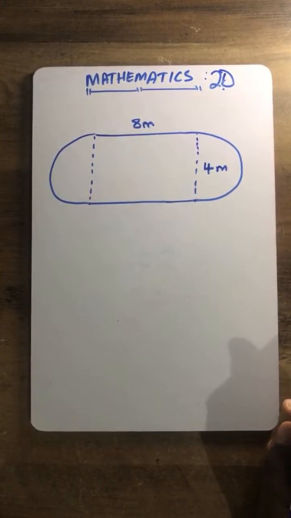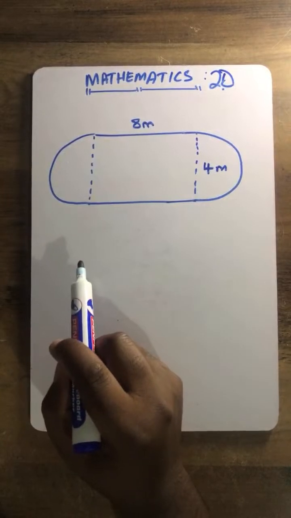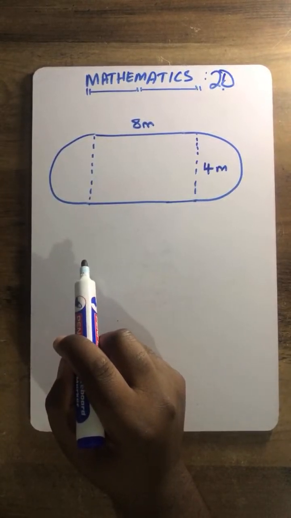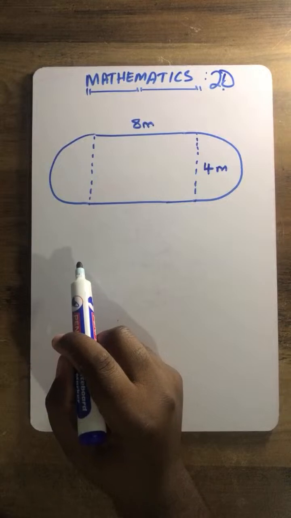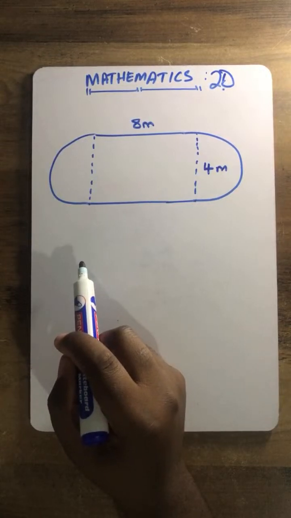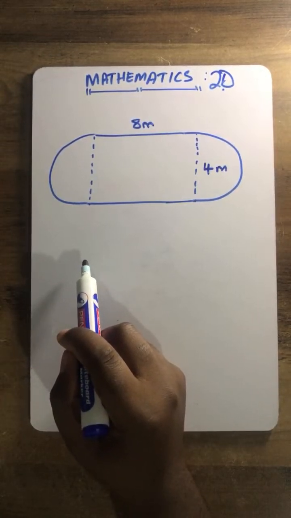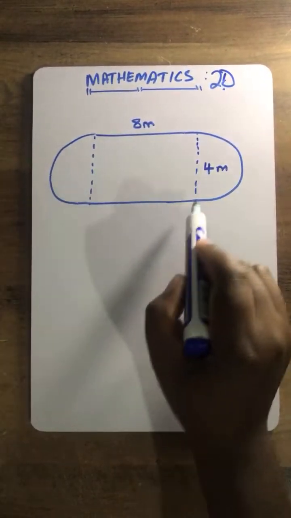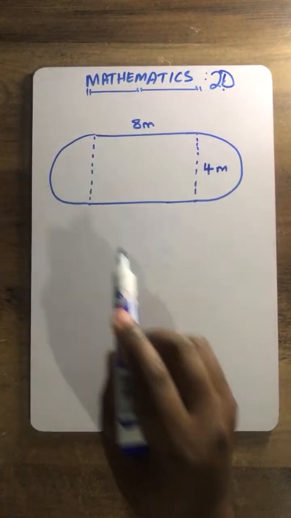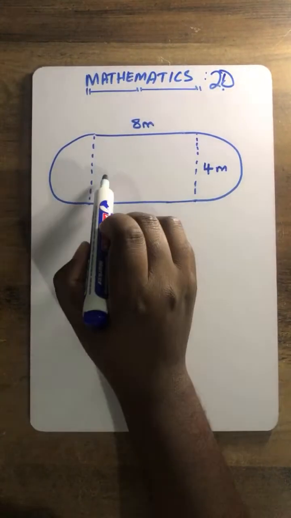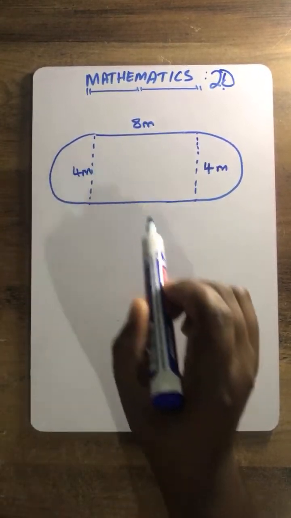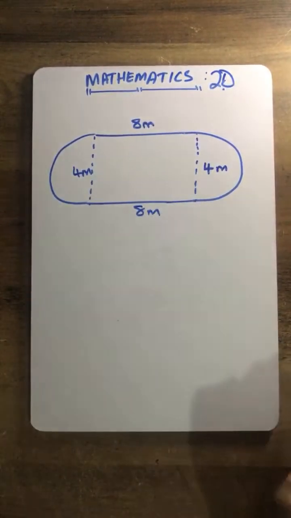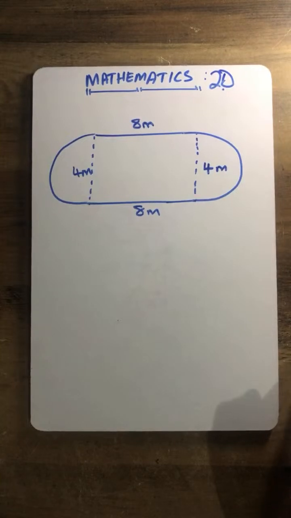Number one, first thing first, you need to be able to notice something there, honorable members. If this is a rectangle in between and then you have half circles on the sides, so that means also this is 4 meter, this is 8 meter. Then when it comes to the perimeter, it's going to mean one thing.